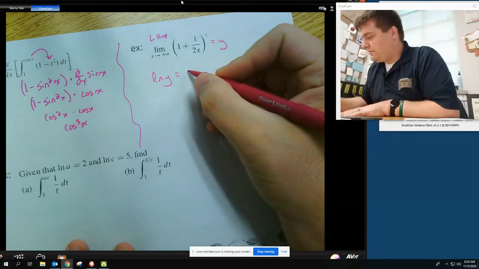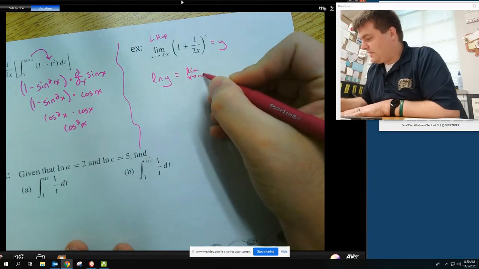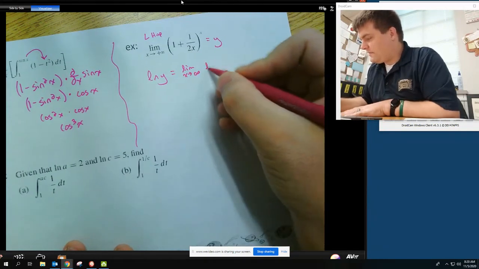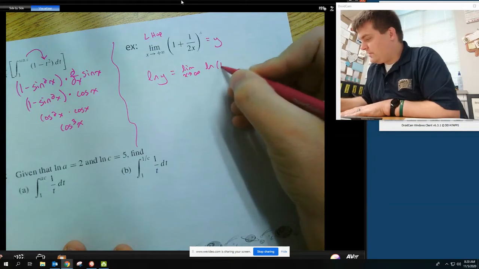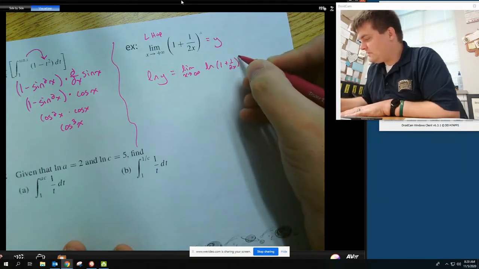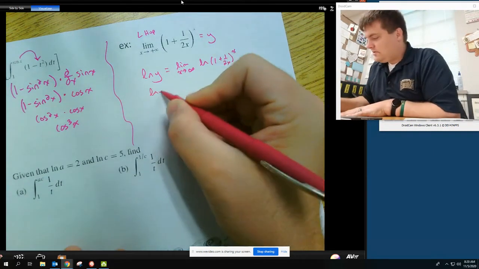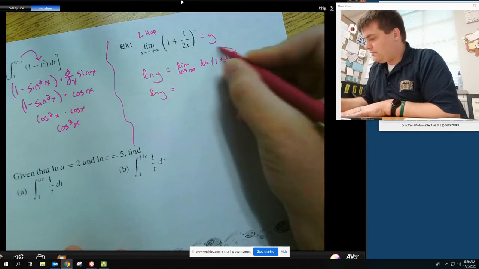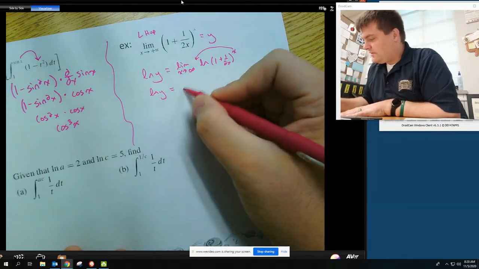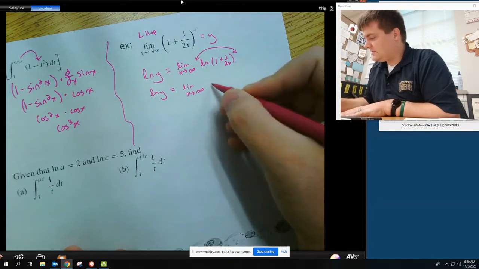We're going to do the limit as x approaches infinity of ln of 1 plus 1 over 2x to the x. And this is where we just throw that out in front using our power rule property here for logs. So we're going to get the x out in front.